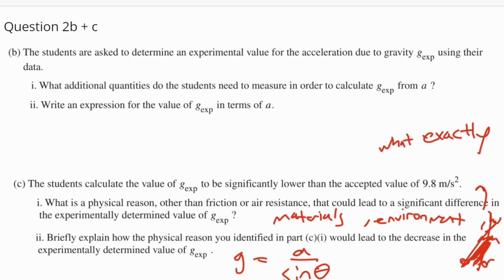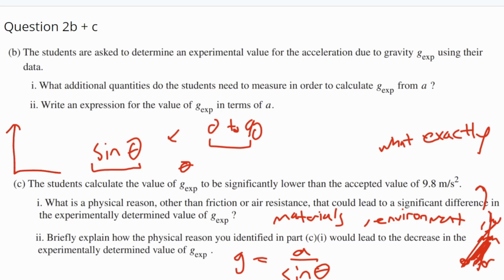If theta went from 0 to 90, the more theta would go up, the more the sine function would go up, because sine is vertical, so we draw the unit circle here. It would go up as we went up, because here it would be 1, here it would be 0 sine.